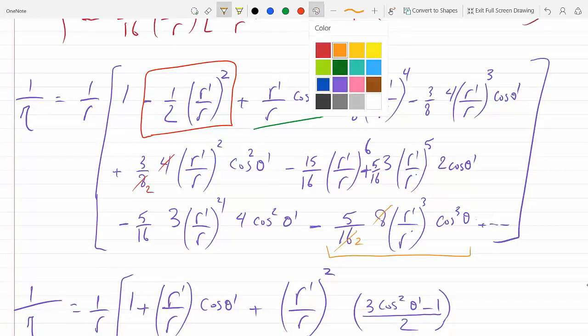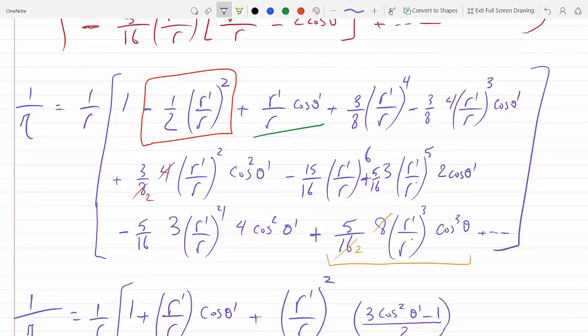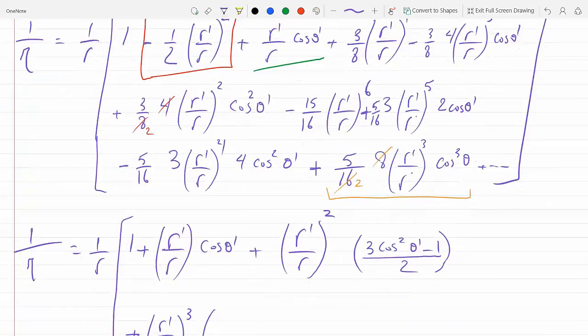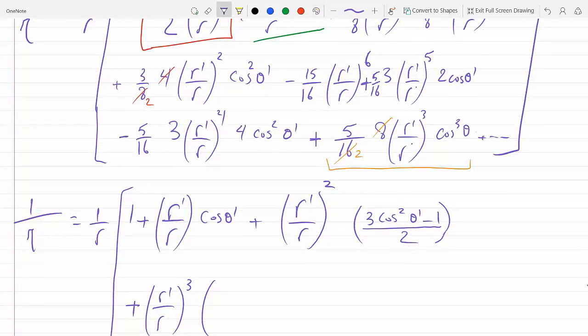Yeah, I messed up on the sign here. This is a plus because there's minus y cubed, x minus y all cubed. The last one is minus, and there's a minus on the 5 over 16, so it becomes a plus. So here we have a 5 over 2 cosine cubed theta.